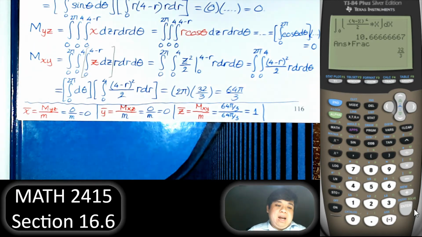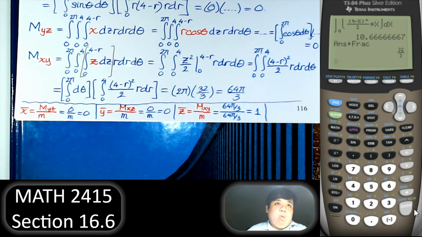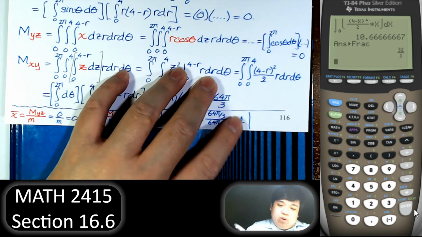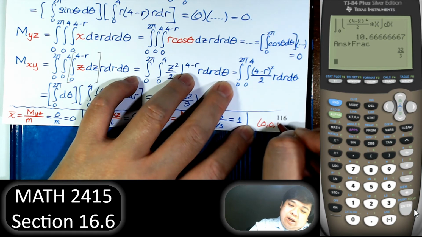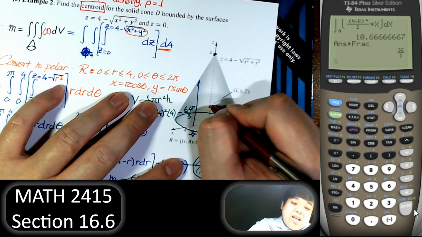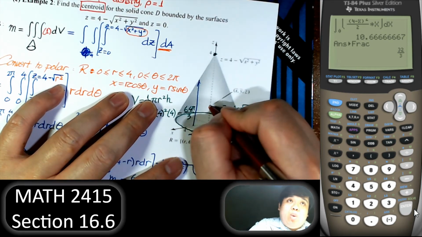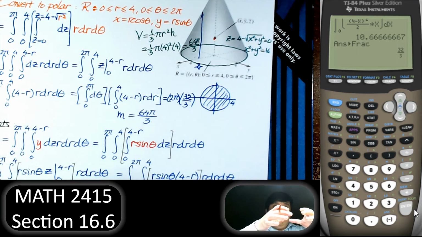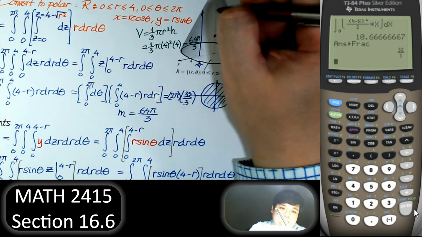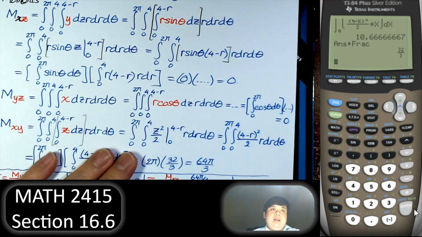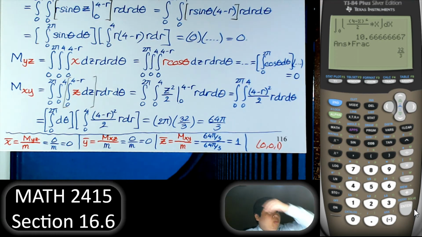So the center of mass, x bar equal to 0, y bar equal to 0, and z bar equal to 1. So the center of mass is (0, 0, 1), which makes sense, because x bar and y bar should be 0. For the cone, the center of mass should be right on the axis of symmetry. So that's why x bar and y bar equal 0.